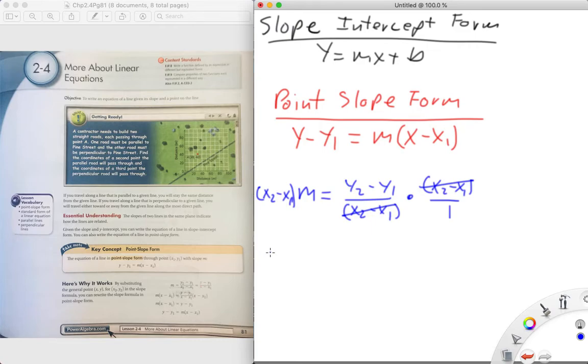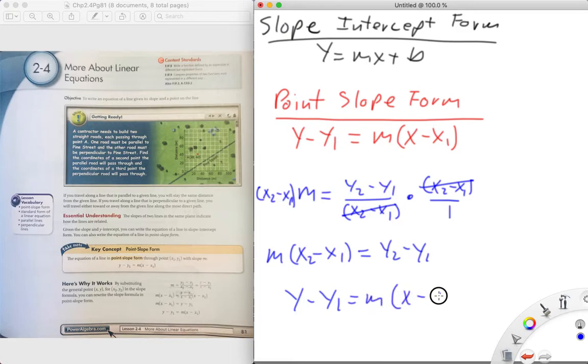That leaves me m times x2 minus x1 is equal to y2 minus y1. In point slope form, we take the 2's away. And I'm going to flip it there on the other side. It's going to be y minus y1, which is equal to m times x minus x1, which looks just like the other one. That's how you get point slope form.